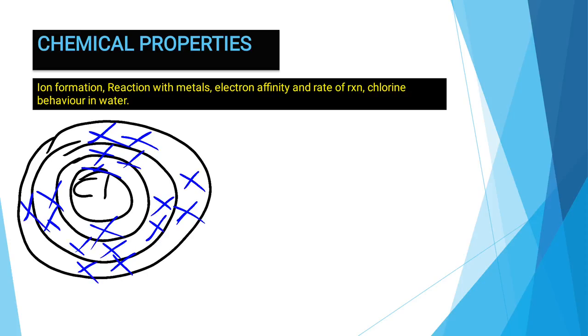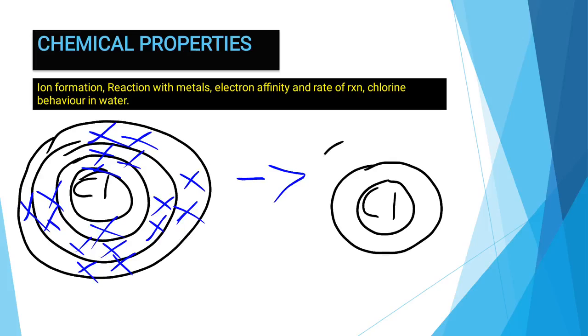Every time chlorine forms an ion, this ion is formed through gaining of an electron. Why?